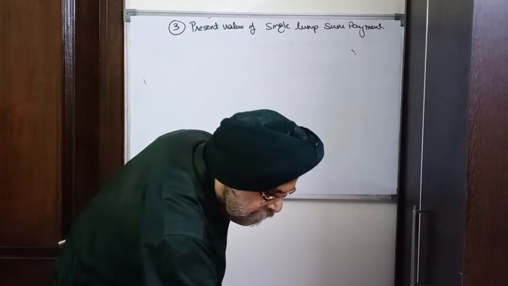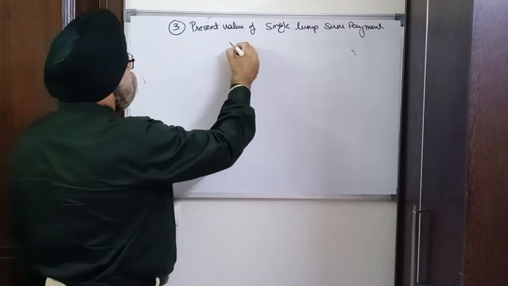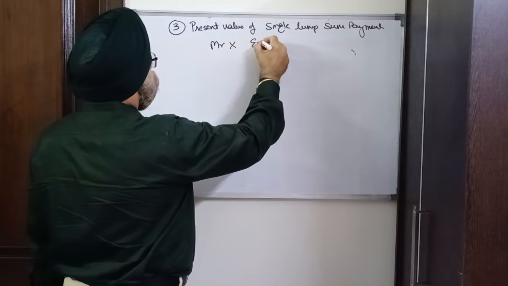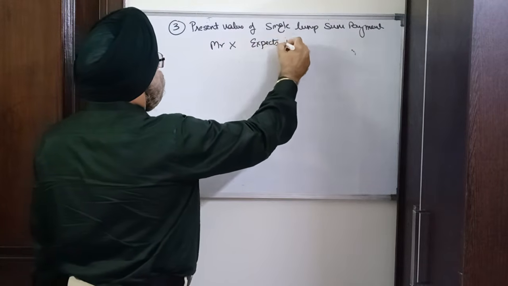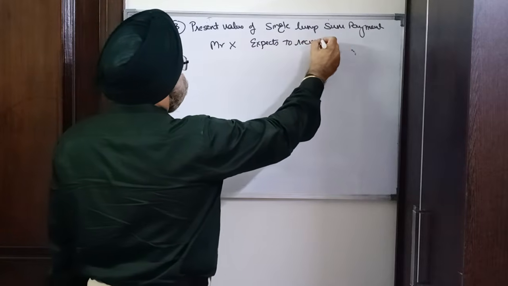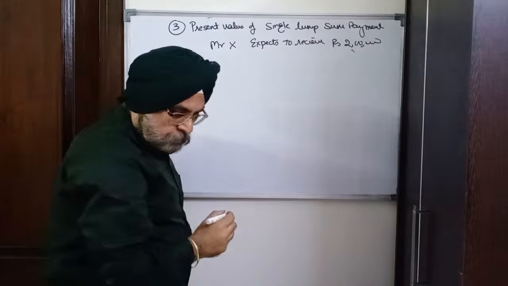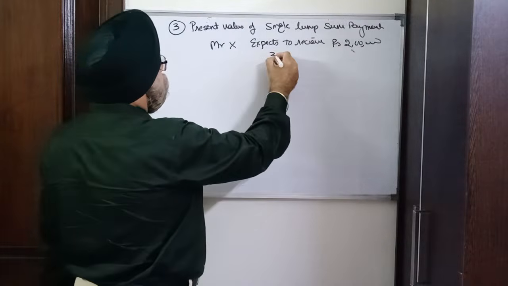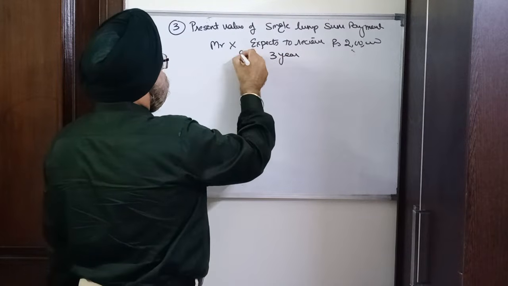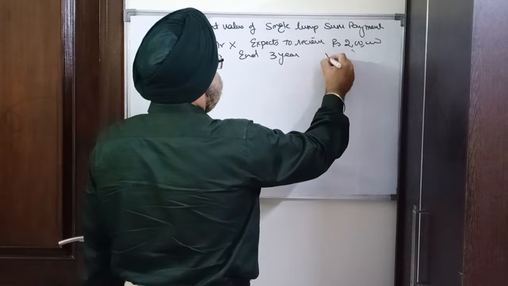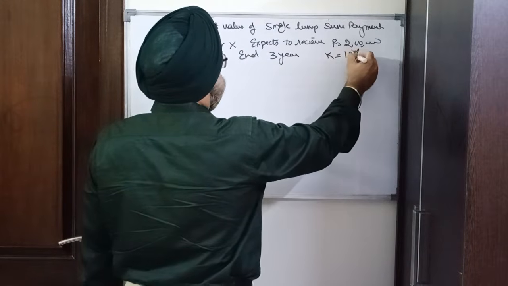So we have a question. Suppose Mr. X expects to receive rupees 2 lakhs at the end of 3 years, and the rate of interest K is 10%.